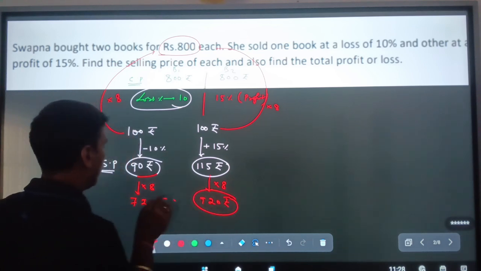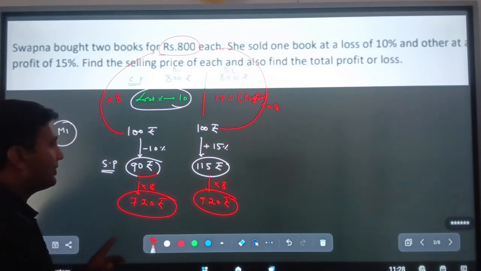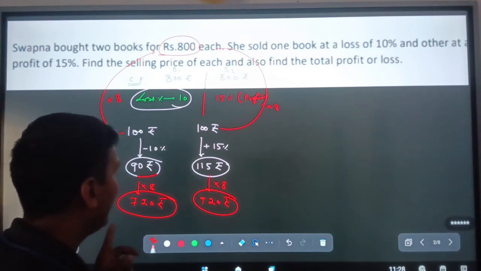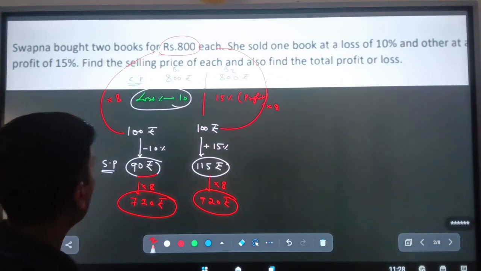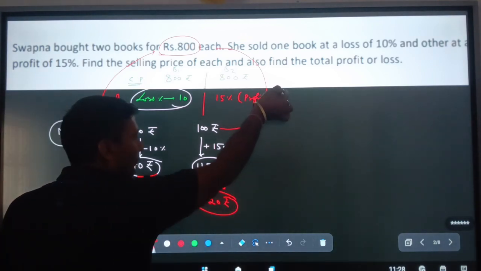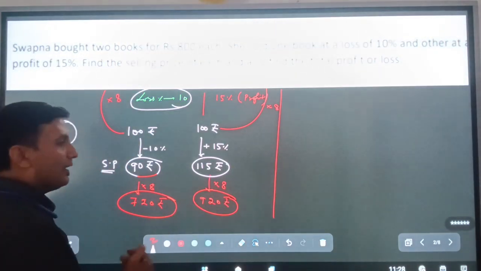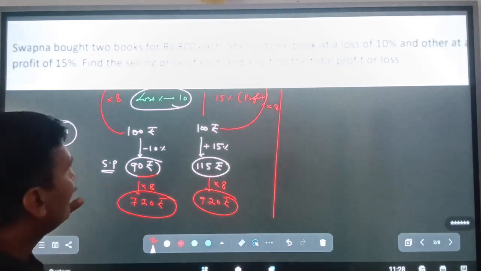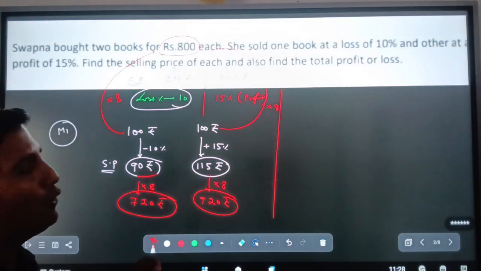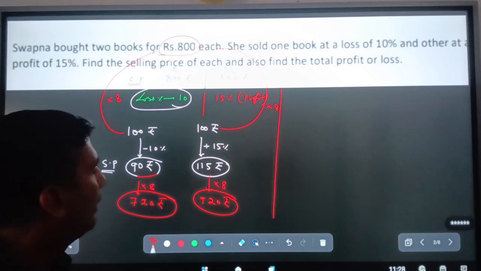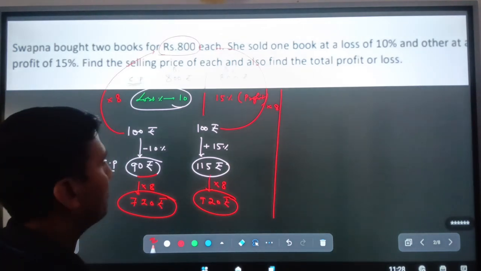So we have the answer with us. The first book will be sold at 720 and another book will be sold at 920. This is the way you can do it in your mind. That's why this method is called the mental way of doing things, without writing even a single number on your page and paper.